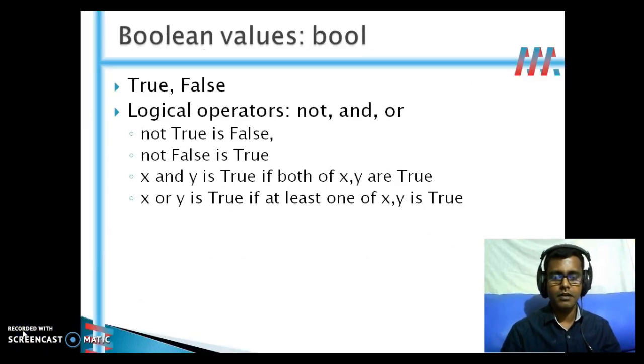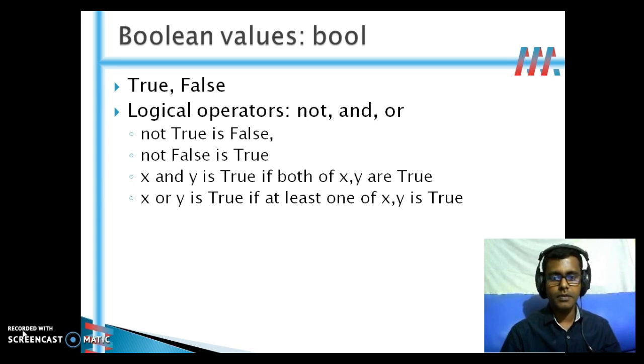Next is Boolean values. Boolean values are true or false. There are some logical operators available: not operator, and operator, or operator. The not operator is just a complement operator. The complement of true is false, complement of false is true.